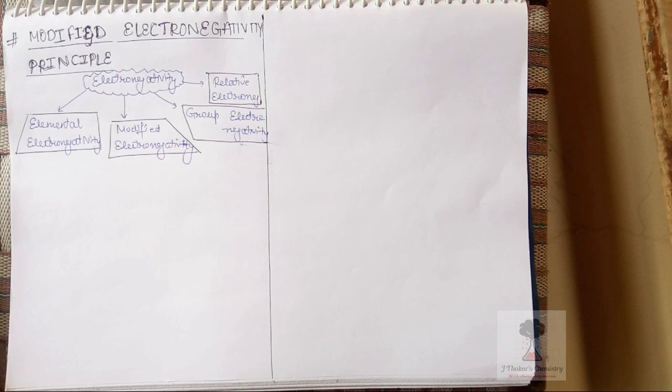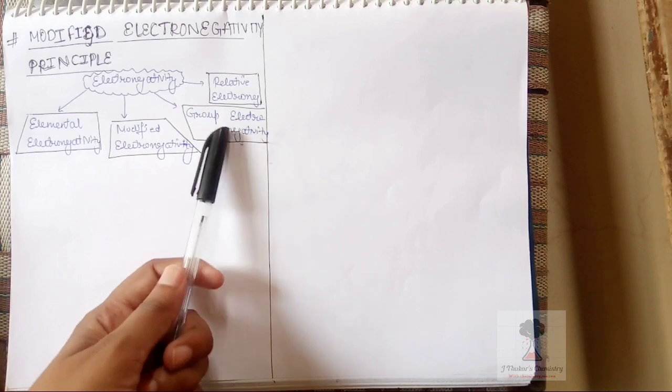Today we will discuss the modified electronegativity principle and its applications. Electronegativity is of four types: elemental electronegativity, modified electronegativity, group electronegativity, and relative electronegativity.